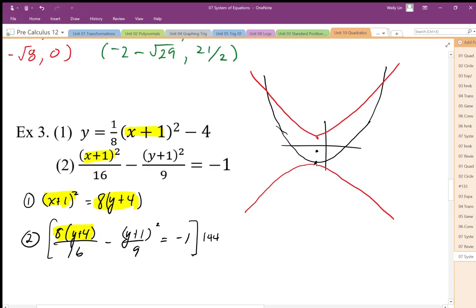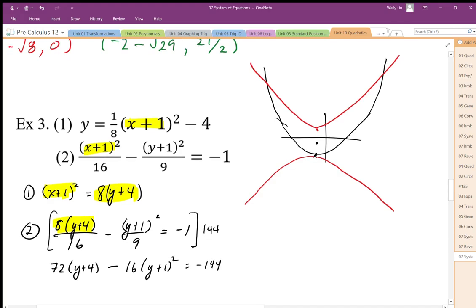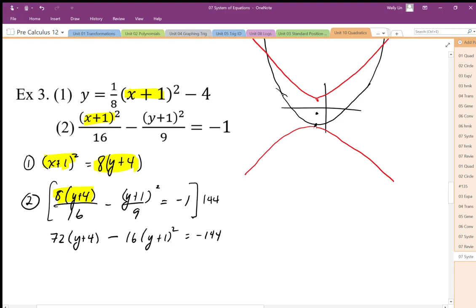I end up with 9 times 8, or 72, times y plus 4, minus 144 divided by 9 is 16, times y plus 1 squared, equals -144. So there's my equation with one variable. I just need to expand this and solve the quadratic.